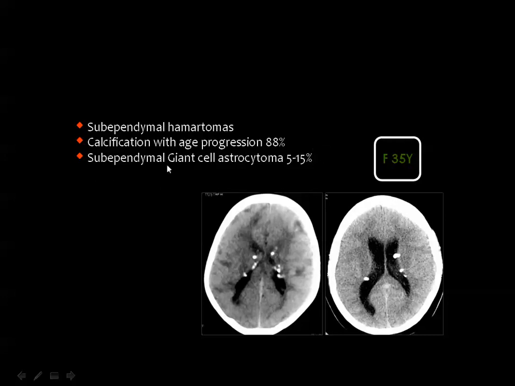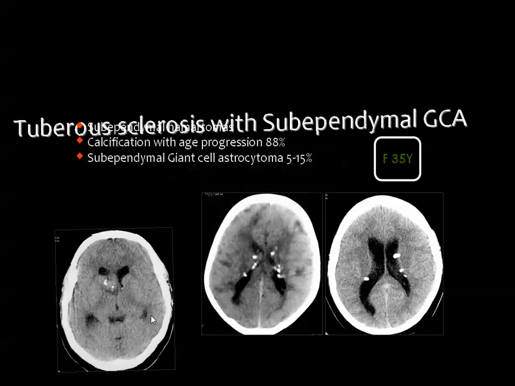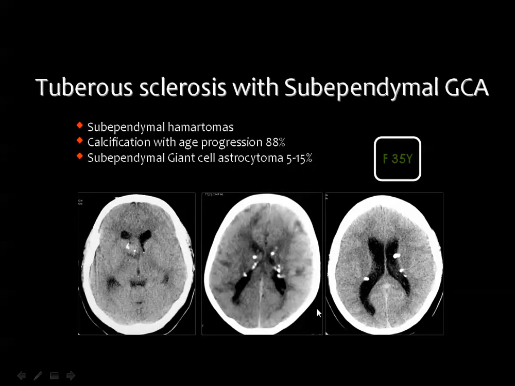And in this patient, this particular tumor, as we have mentioned in the lecture of brain tumors, one of the low-grade gliomas or astrocytomas is the subependymal giant cell astrocytoma in patients with tuberous sclerosis. In this case, you can see a soft tissue mass located in the frontal horn of the right lateral ventricle. The mass contains calcium.